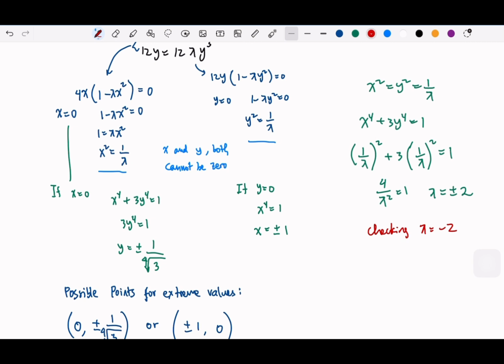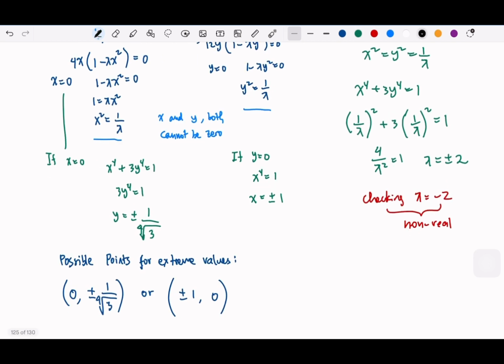This will be complex, so this will be a non-real solution. So we can skip. So we consider lambda is positive 2, which means that x equals y equals 1 over square root of lambda. So 1 or plus minus.